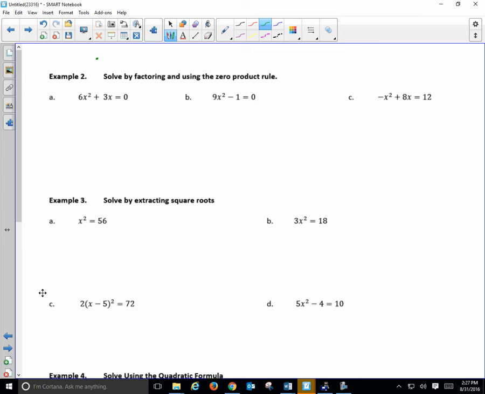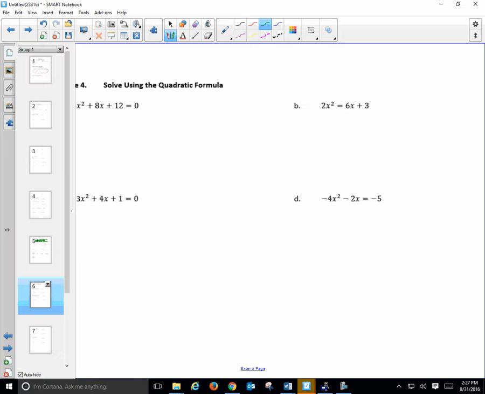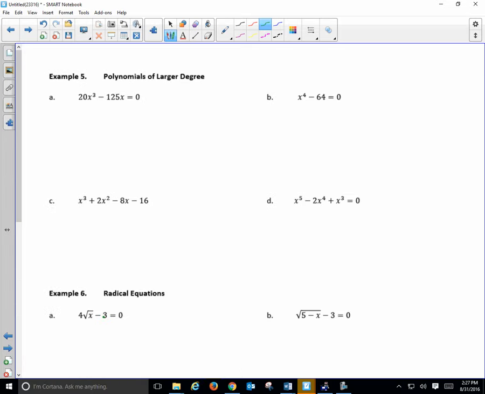So how many solutions are there? 2. What is the largest degree here? So there are 3 solutions. Largest degree, so there are 5 solutions.